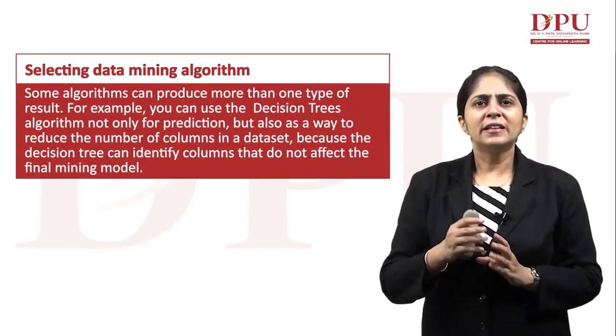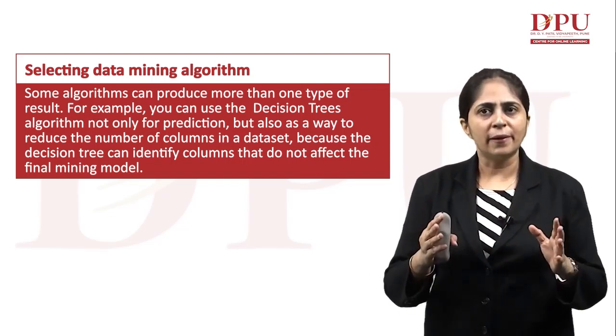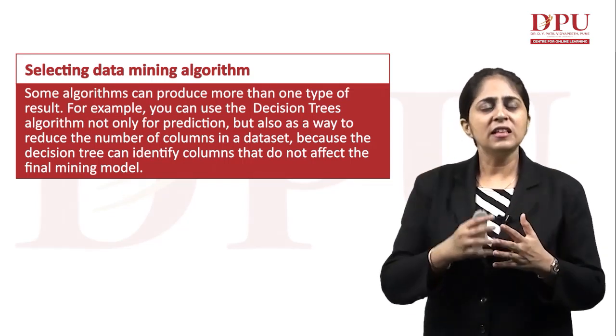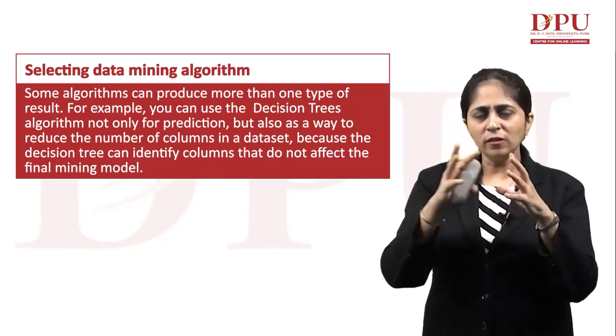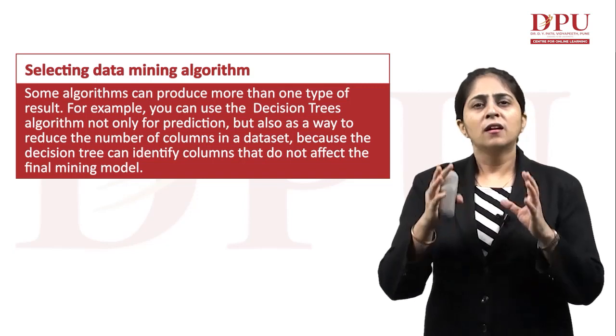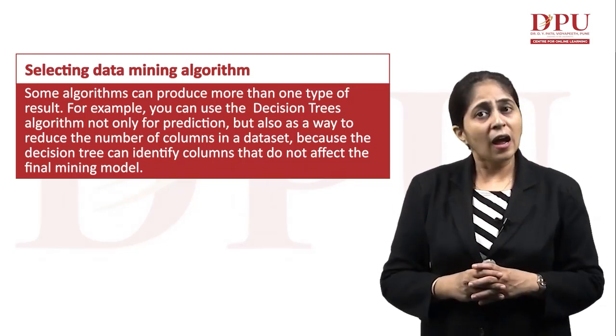Some algorithms can produce more than one type of result. For example, like we have just seen these 5 algorithms, they are all performing their own set of functions. But some algorithms can produce more than one type of result. How?